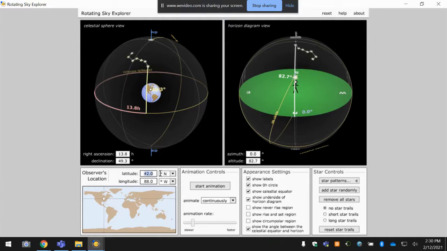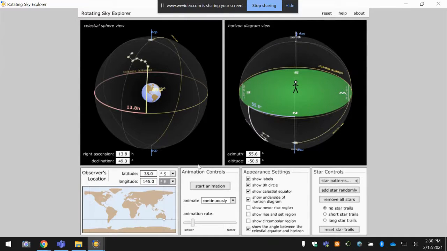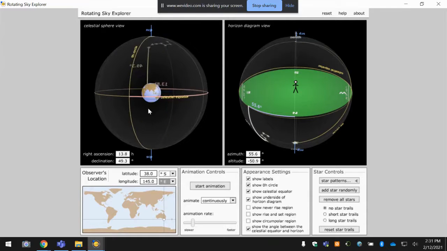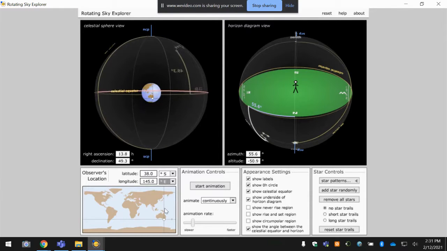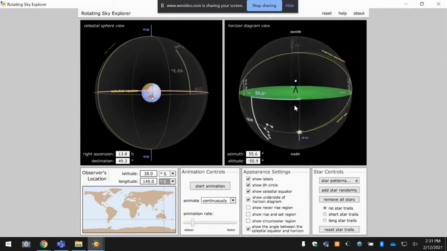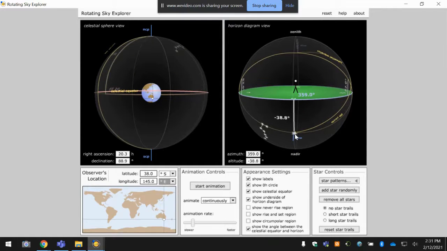All right, switching to Melbourne, Australia, the second column, 17 through 24. This location of the world. Altitude of Polaris, minus 38.8.